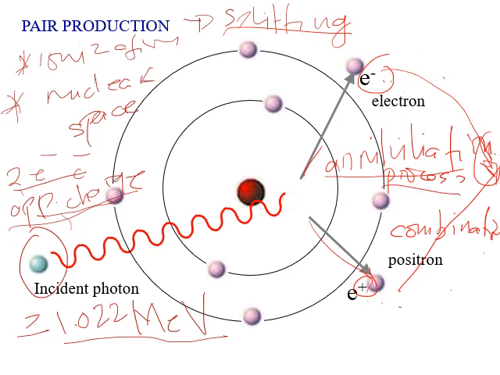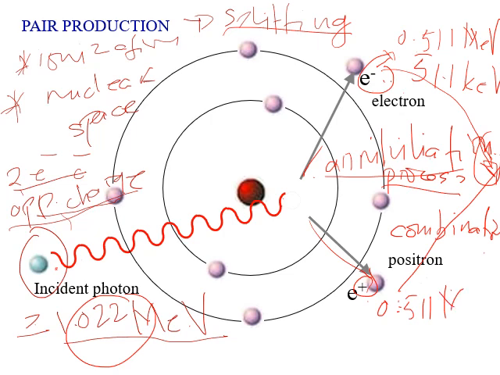So, since the energy of this is at least 1.022 MeV, when it splits, the energy of this negative electron or the negatron is half of this, which is 0.511 MeV or 511 keV. This positron will also have the same energy, 0.511 MeV or 511 keV.